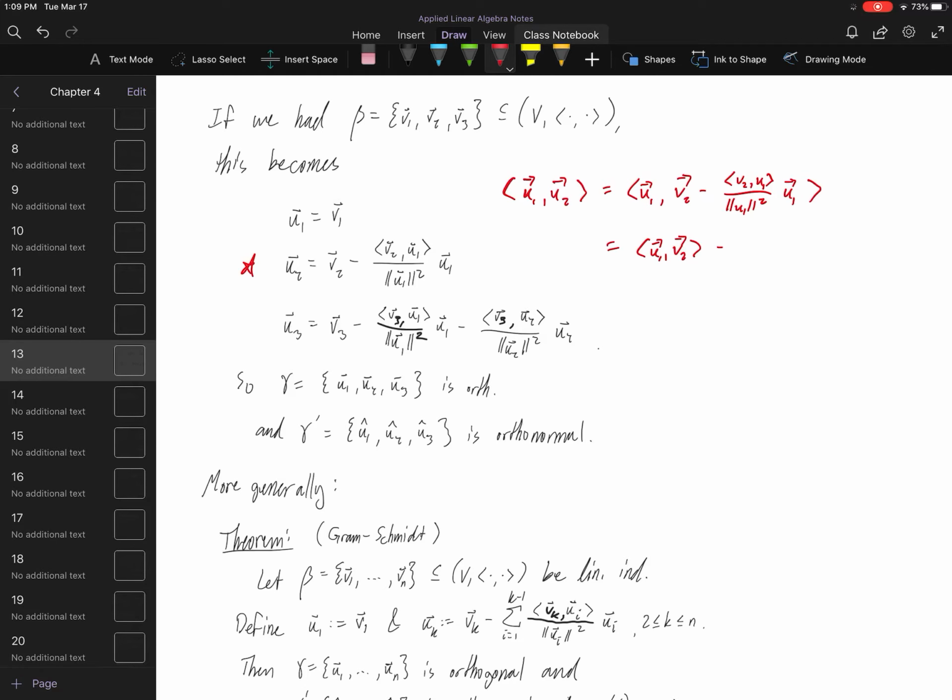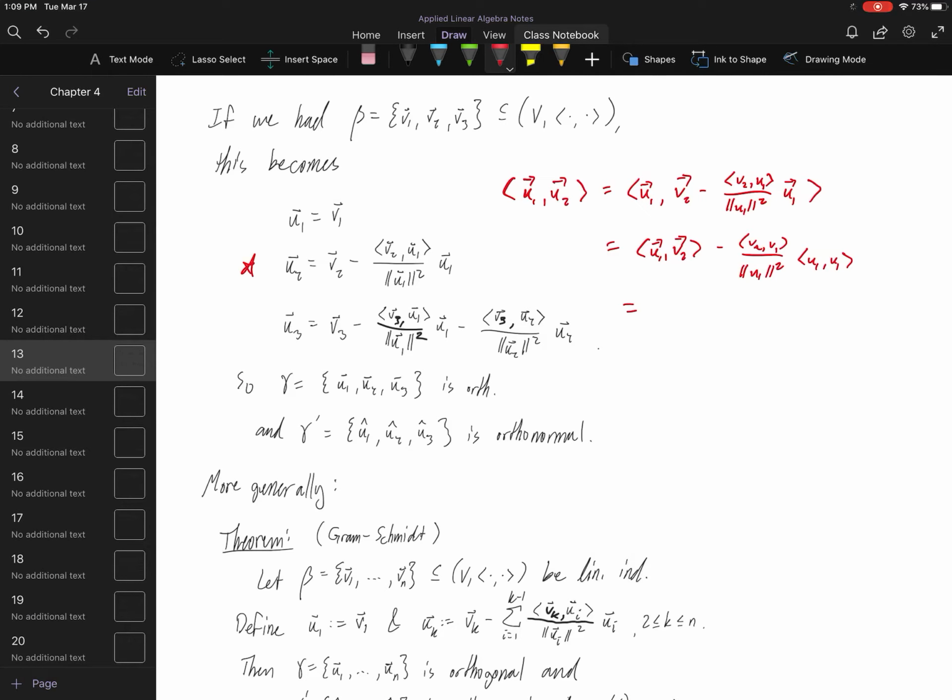We go ahead and distribute, so this is U1 with V2 minus, well, I can go ahead and pull out that multiple, so V2 with U1 over U1 squared, and this will be U1 with U1.